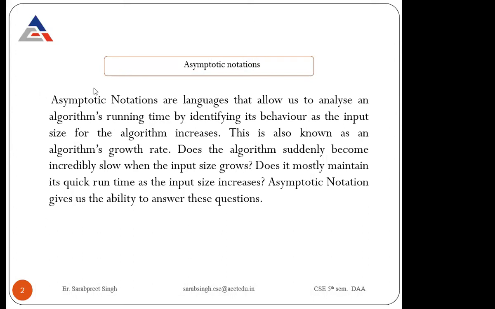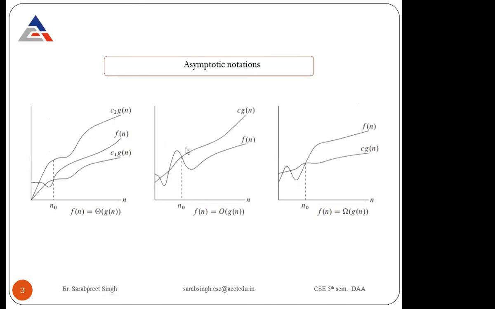To analyze the algorithm, we need asymptotic notations like big O, big theta, and big omega. This is how to identify the behavior as the input size for the algorithm increases. These are some cases: average case, then worst case, and then best case. This is big omega, big O, and big theta.